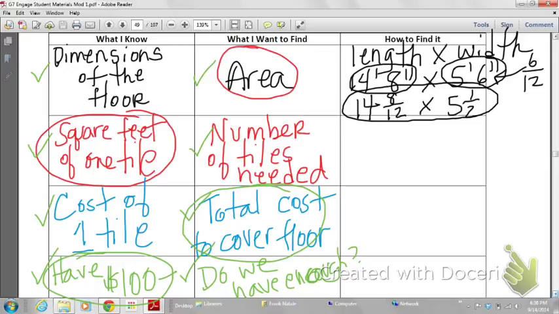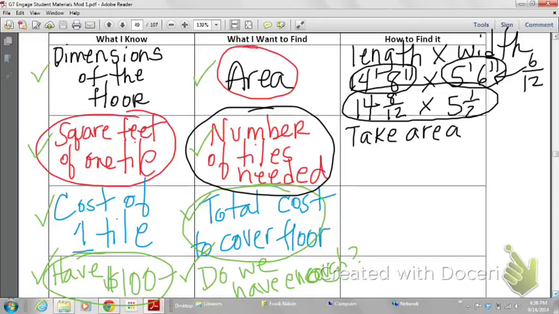Now that total area, the way to find our number of tiles needed here is to take area and divide by the area of one tile.